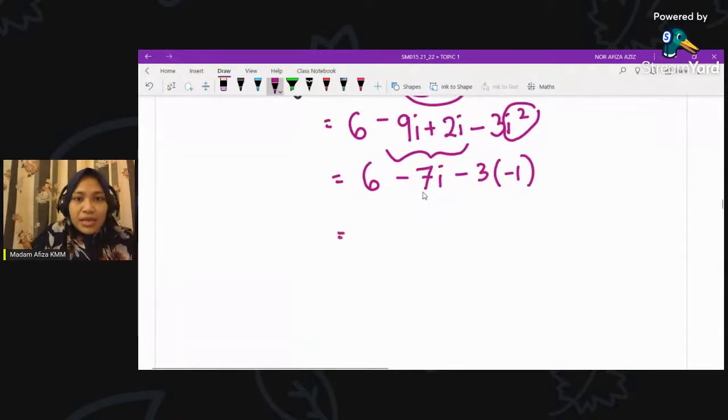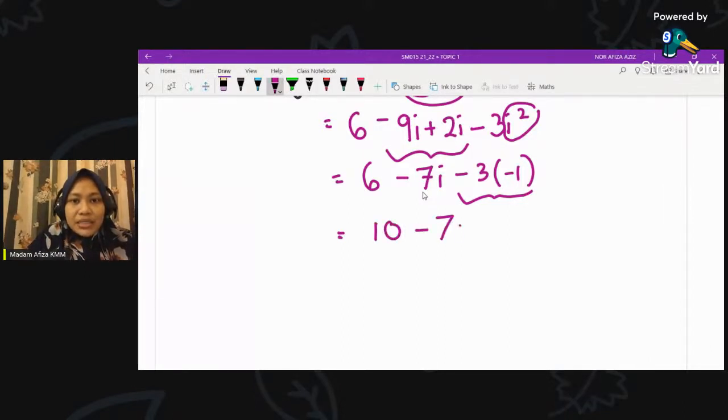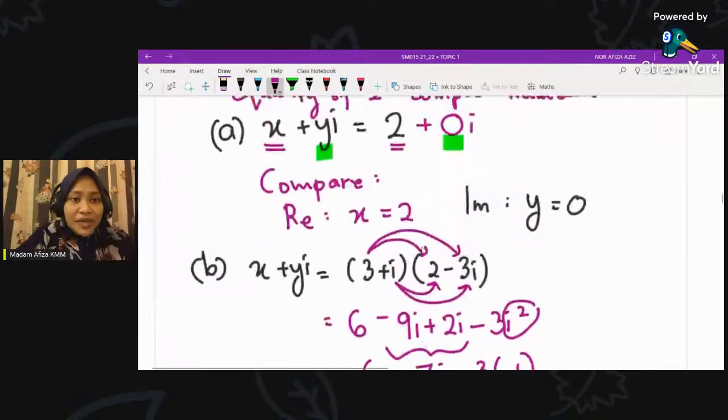So we'll get 6, and here becomes plus 3, right? Negative, negative becomes plus. So 6 plus 3 is 9, minus 7i. Okay, so now the right hand side, we already simplified it to be 9 minus 7i.